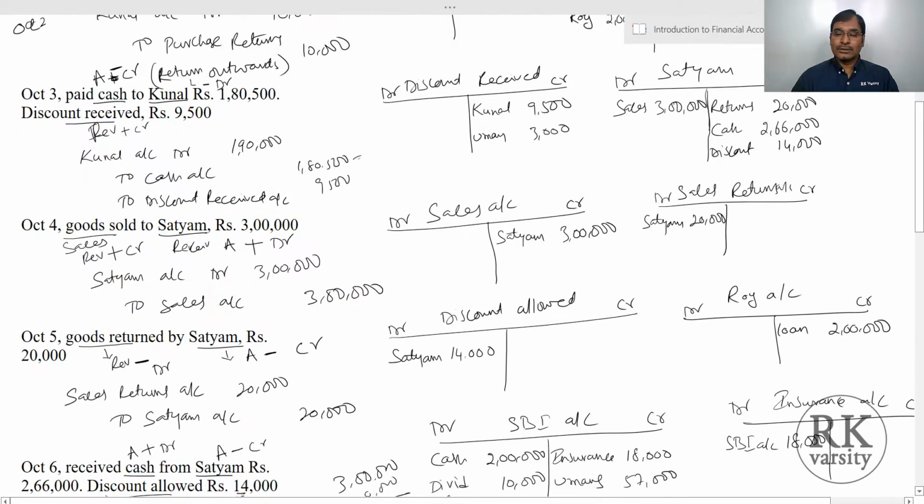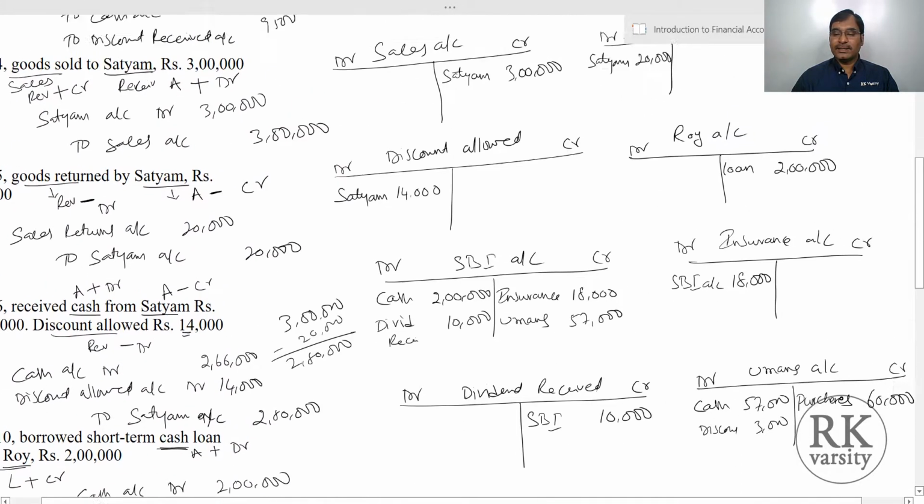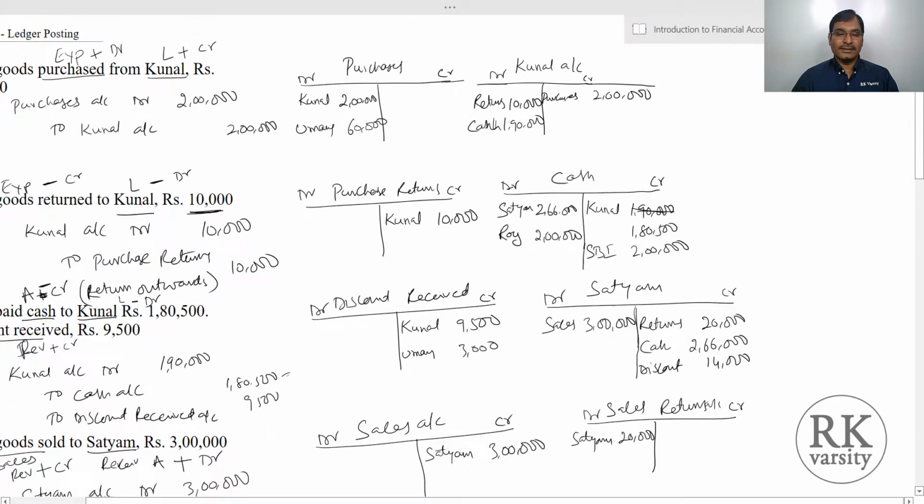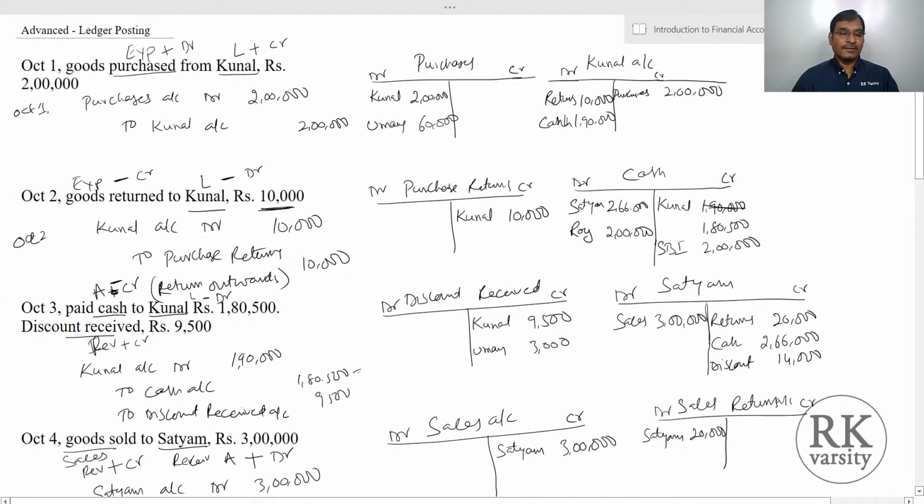So it appears to be very tedious to create so many ledger accounts, but with the advent of information technology and computerized accounting, once you generalize the transaction, automatically the transactions will go into the concerned ledger accounts.